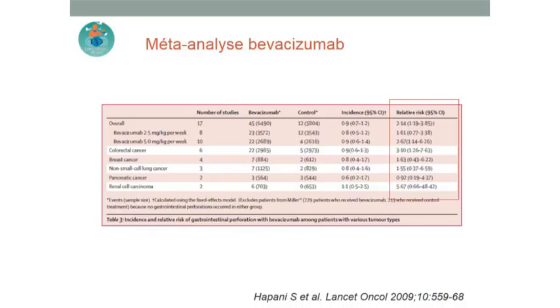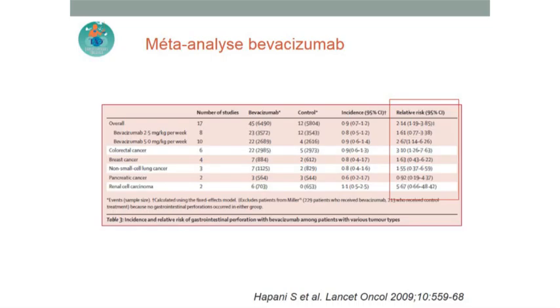Here, as part of the meta-analysis, to give you an illustration of this, you see that globally there is no dose effect per se. Perforations occur mostly in patients with colorectal cancer and more rarely with breast cancer or lung cancer. More interestingly, I tried to extract what was used as an adjuvant.